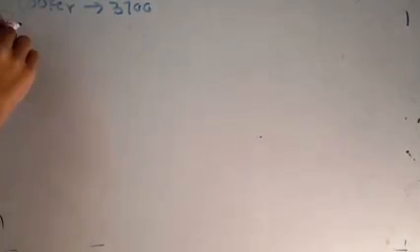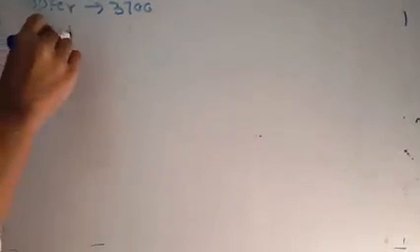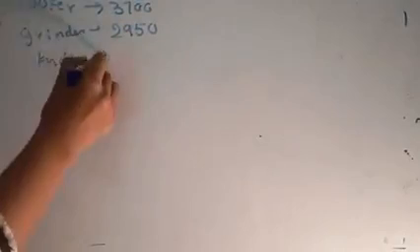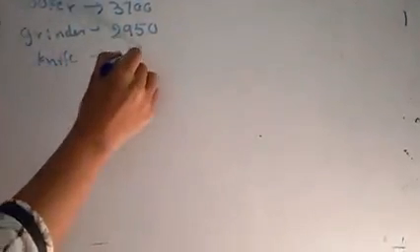The rice cooker is 3,700, the grinder is 2,950, and the knife is 795.